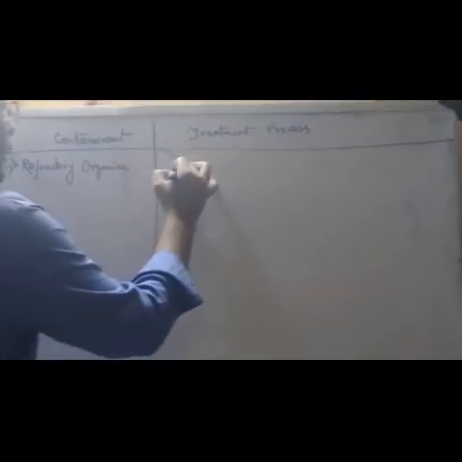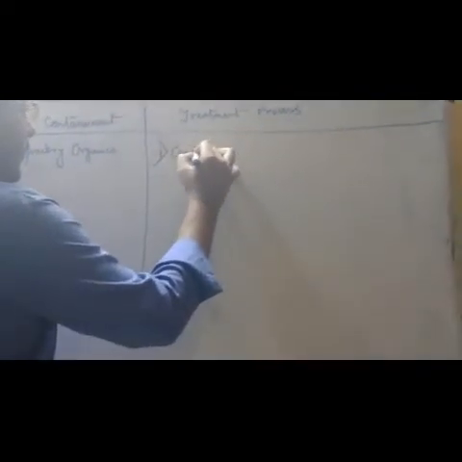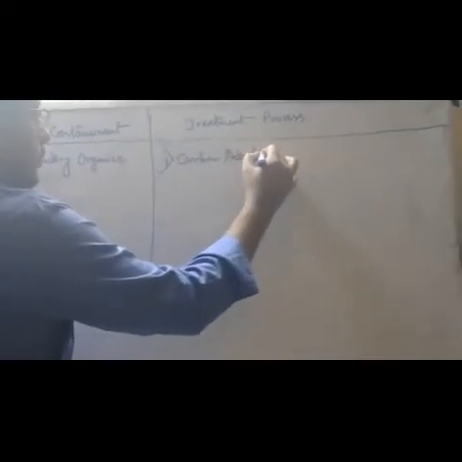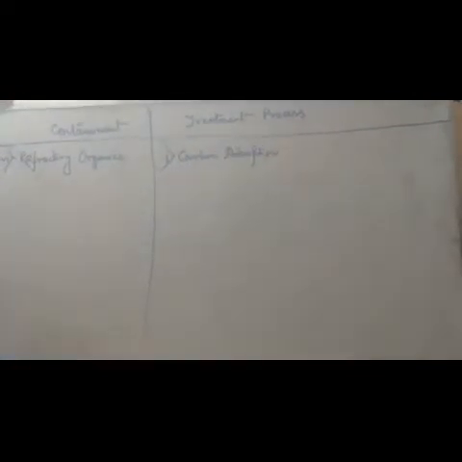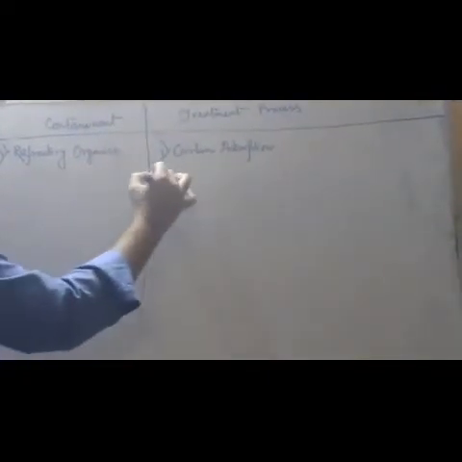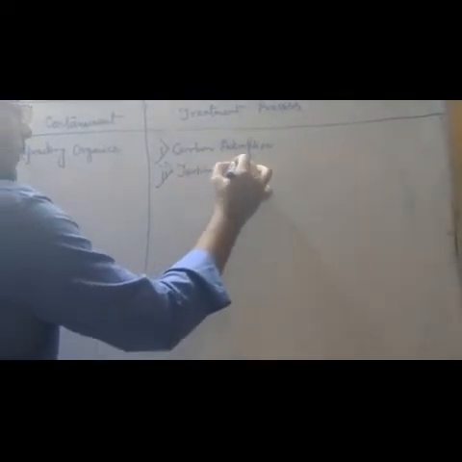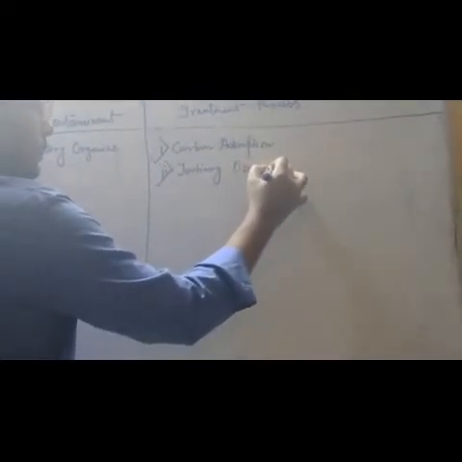The first treatment process is carbon adsorption, and the second is tertiary ozonation, and the third thing is land treatment systems.